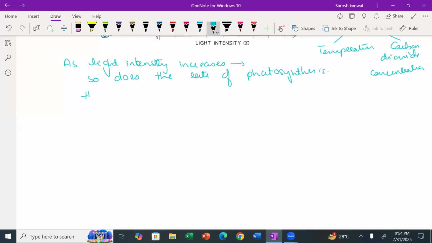And this can be seen as a linear relationship on a graph.